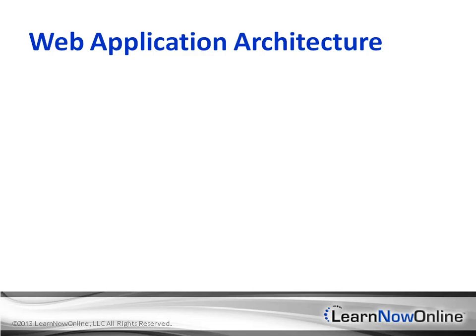So looking at things at a high level in SharePoint, really it's just an ASP.NET application that runs on IIS, or Internet Information Server. And it stores its content using both the Windows file system and Microsoft SQL Server.